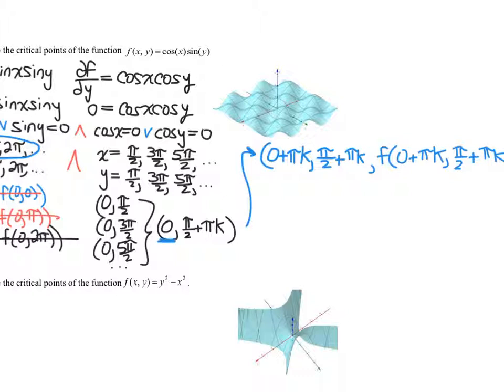The other way around would be to say this group of x's with that group of y's, in which case I would say pi over 2 plus pi k, 0 plus pi k, or just pi k if you want, and then f of all that.